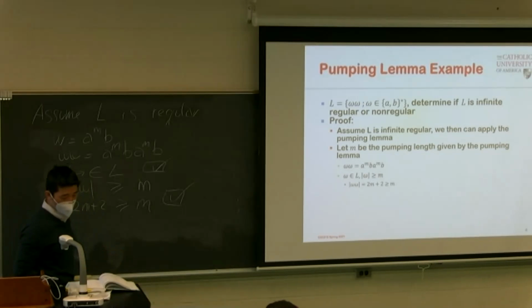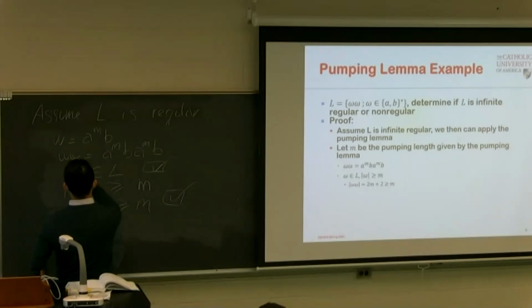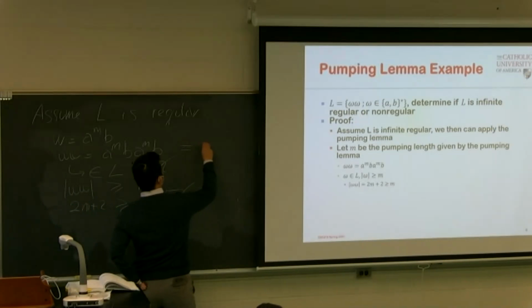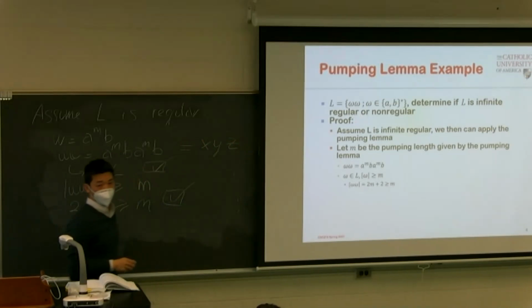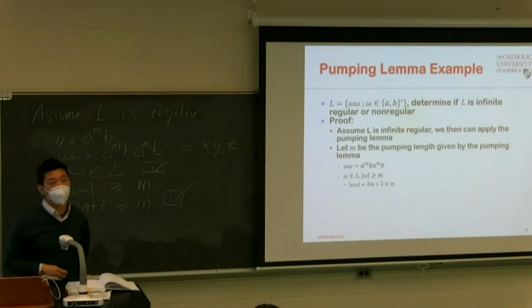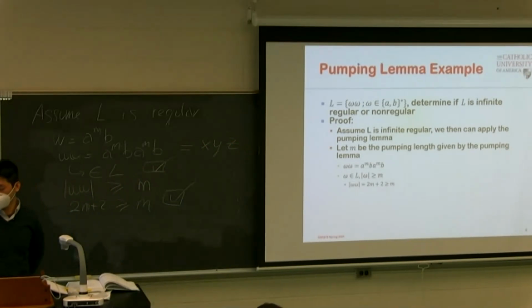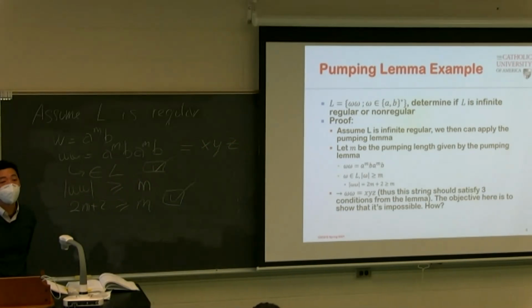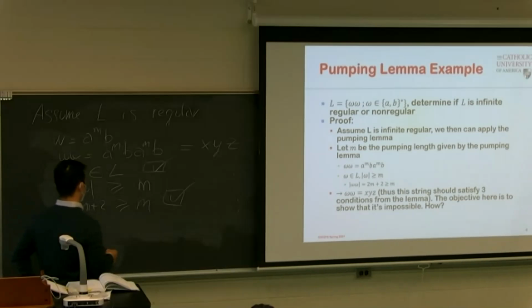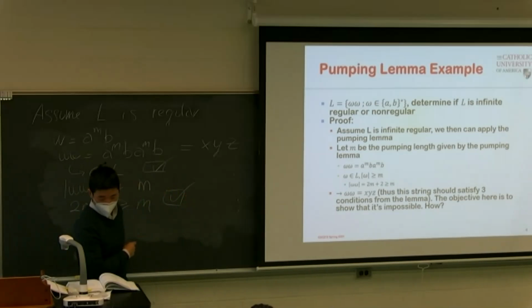Well, now we say that W can be broken down into X, Y, Z. This string can be broken down into X, Y, and Z. Exactly. Okay. To satisfy that, what is X, Y?